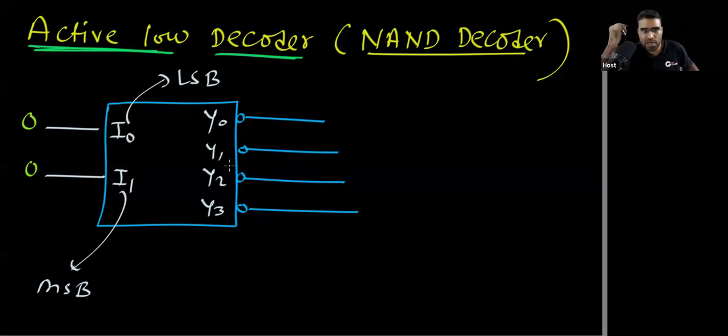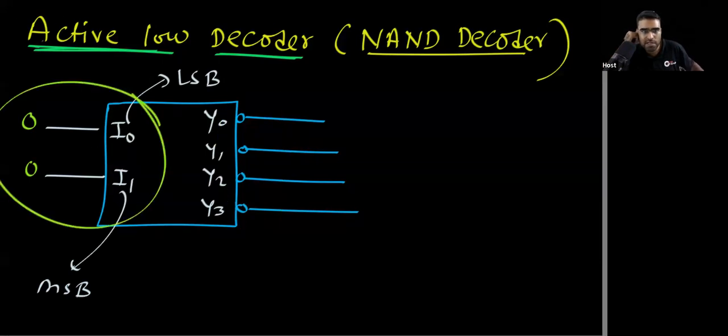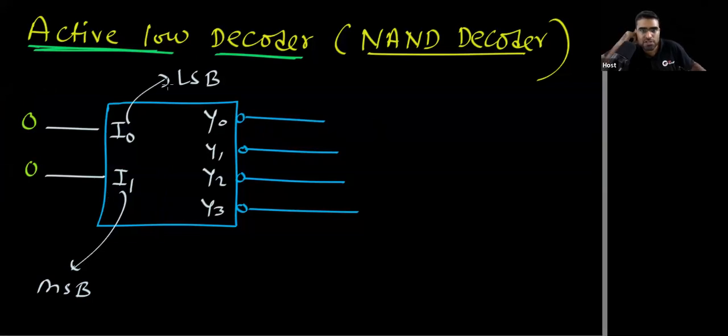This bubble indicates active low. So if I apply input 0, 0, then this line will be activated. This will be 0, all other will be 1.